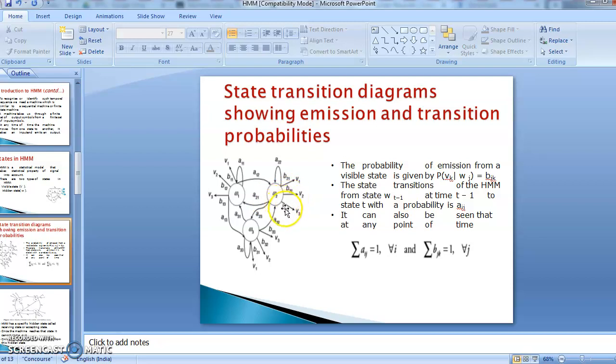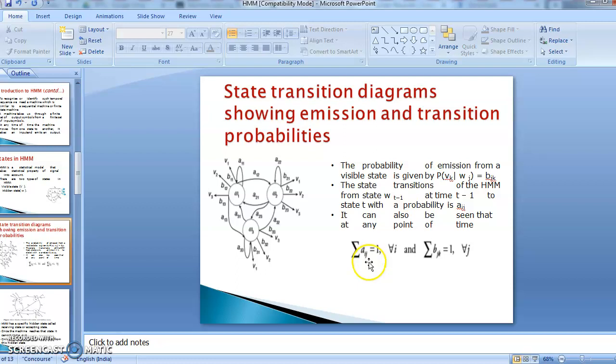Similarly, the emission probability for visible state V3 from hidden state W2 is B23. Similarly, you can see here B11, B12, B13.